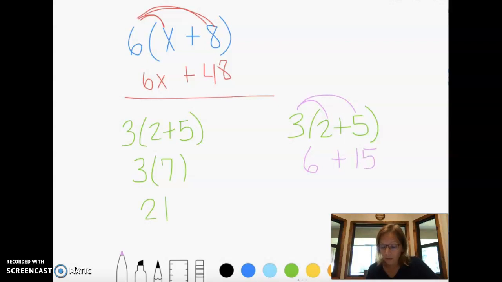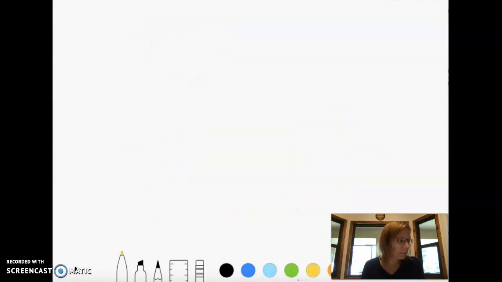It doesn't disappear. And then my last step will be to add these numbers. So 6 plus 15 is 21. And you see, we got the same answer. We did it two different ways. But in this lesson, you're specifically going to focus on using the distributive property to solve equations and expressions. So let's do a couple more examples.